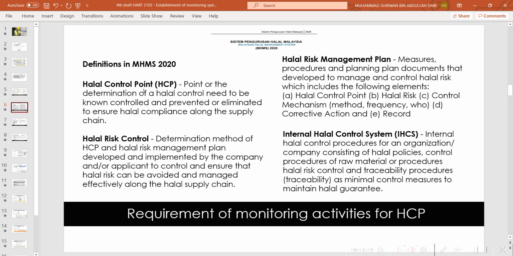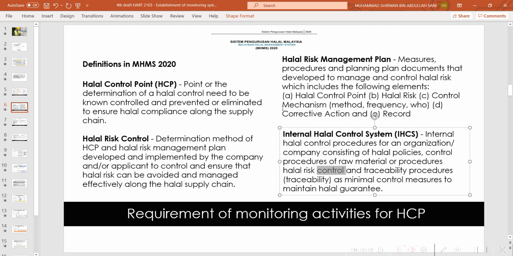So for detailed information, we can see here in the MHMS 2020 it also states the requirement of monitoring control on the halal control point, halal risk control. And then we also have the halal risk management plan. There is a statement to say that we need to monitor. We have the mechanism, method, frequency, and who, which is what we are talking about in this class. And then in the internal halal control system, there is a requirement to have a halal risk control in this case. Okay, all right.